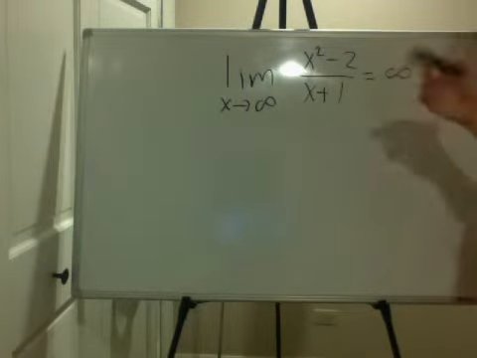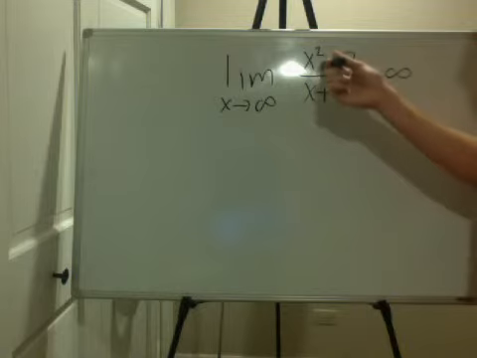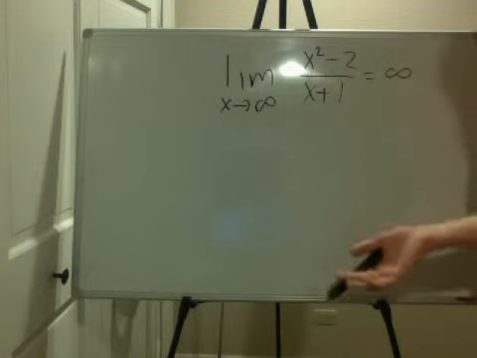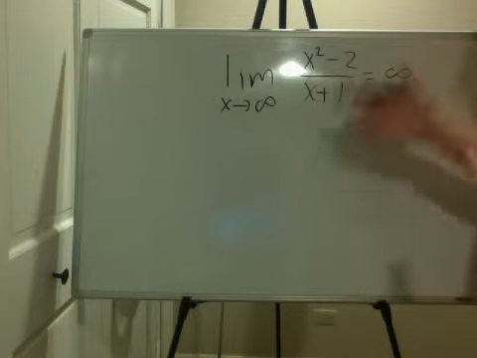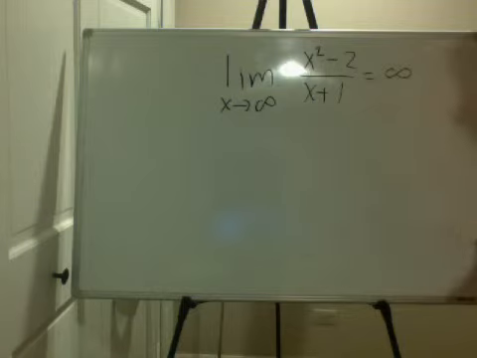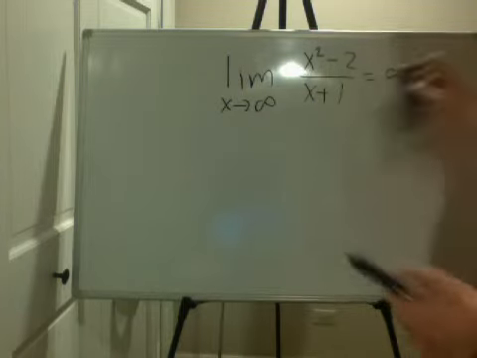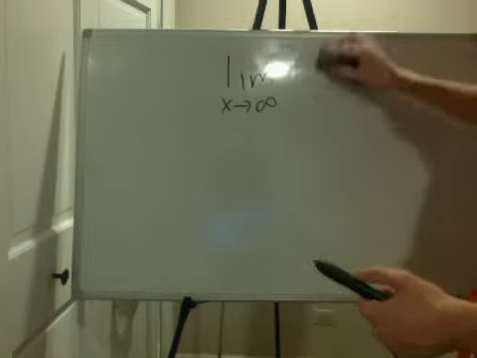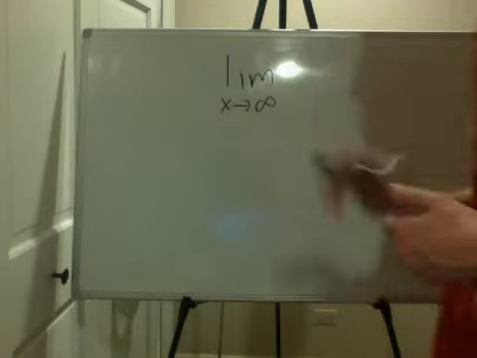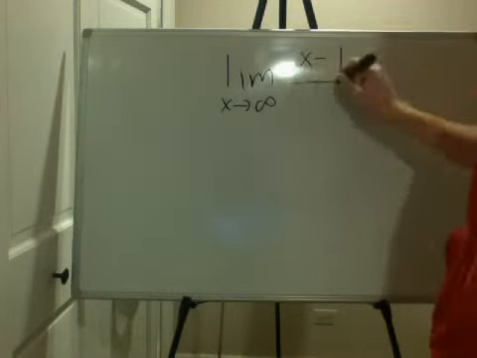Because, I think this is a pre-calc thing, as this one is rising, infinity is being squared, so it's going to rise quicker and quicker and quicker, and it's going to make the denominator insignificant, therefore that equals infinity.